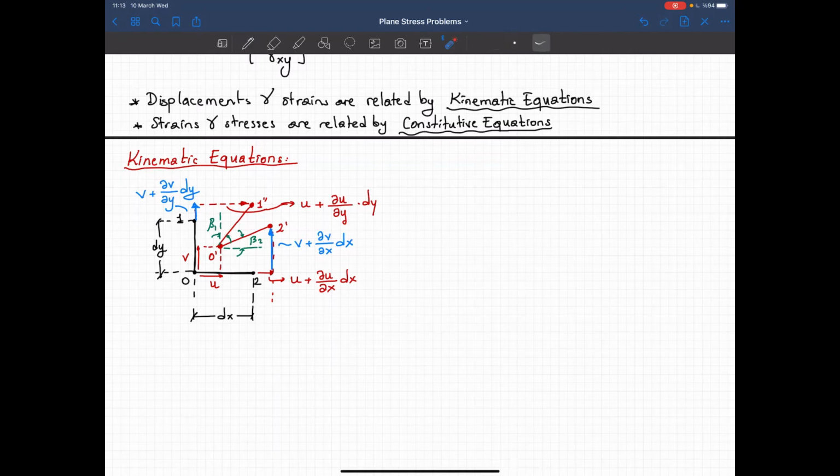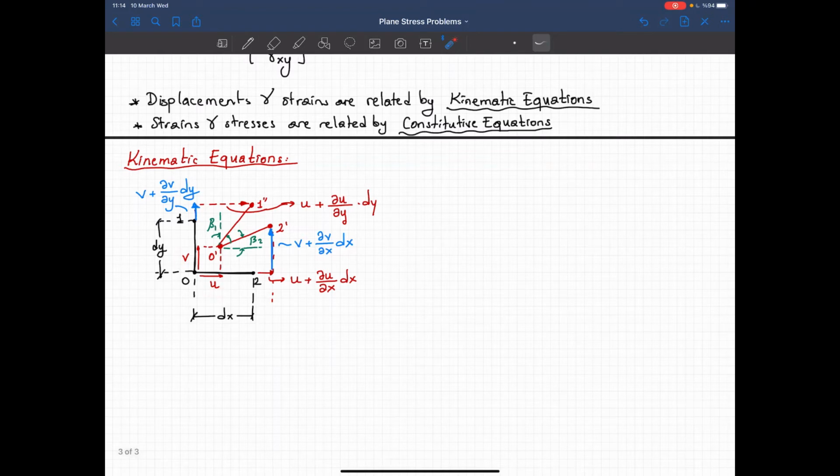Initially our element was here, that infinitesimal element, that corner. This is dy and dx, and due to some deformation, point O moved to point O prime, 2 moved to 2 prime, and 1 moved to 1 prime. All right, and the displacement in point O is equal to u and v.